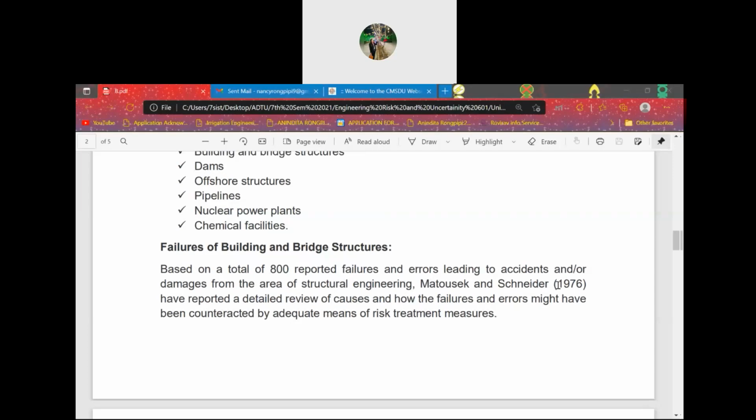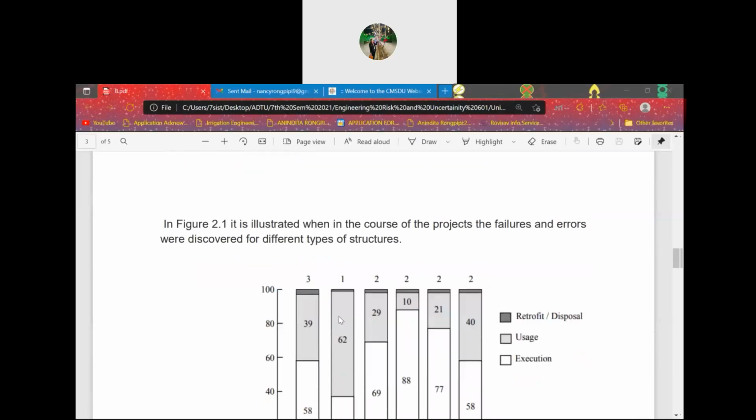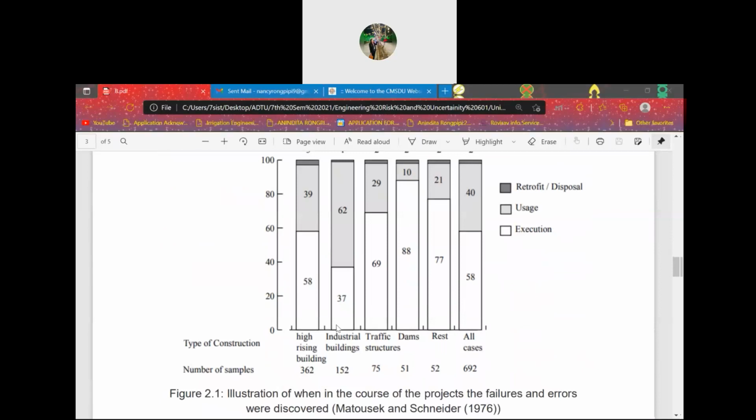Matosek and Skinder in 1976 reviewed different types of structural failures that took place and also provided risk treatment measures for them. In figure 2.1, it is illustrated when in the course of the projects the failures and errors were discovered for different types of structures.